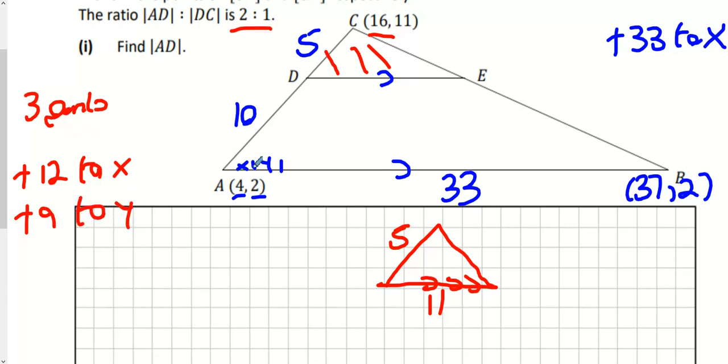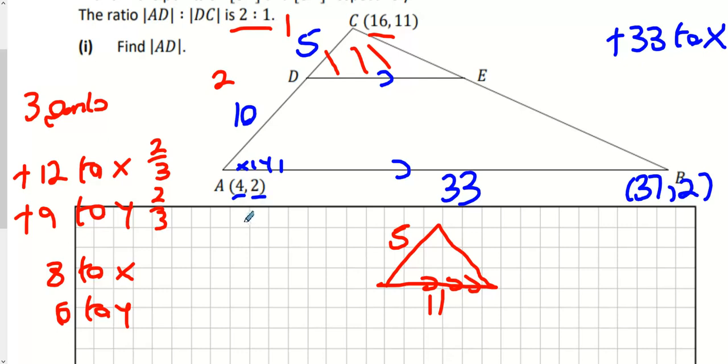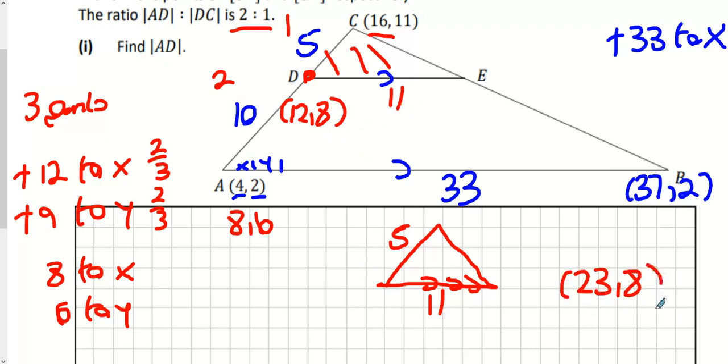Now, I want 2 parts because it's 2 to every 1. It's a ratio of 2:1. So I'm going to get 2/3 of 12 and 2/3 of 9. That's going to be 8 to x, and it's going to be 6 to y. Add on 8 and 6 onto 4 and 2, and this point here will be 12, 8. 12, 8 plus the extra 11 across will turn that into 23, 8.